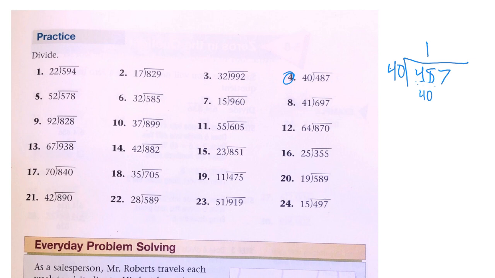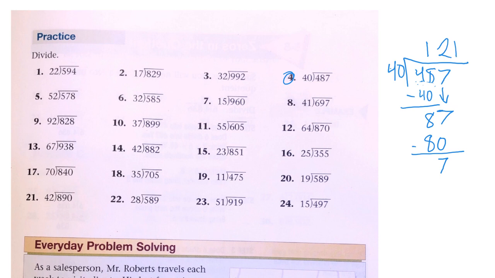And then subtract. Bring down. Now, 2 40s. And 87 minus 80 is 7. There's no more numbers to bring down, and 7 is less than 40.